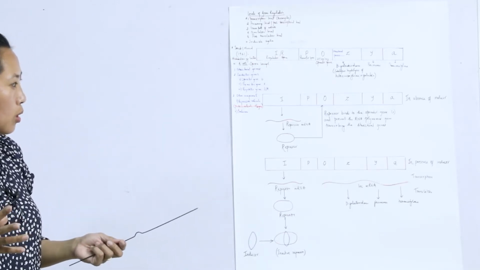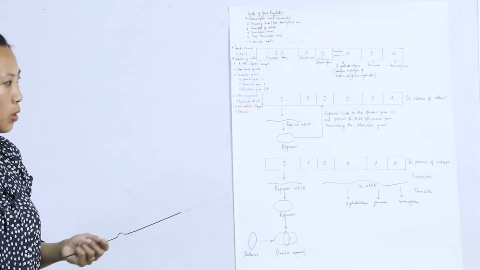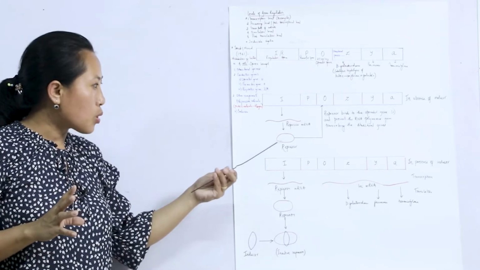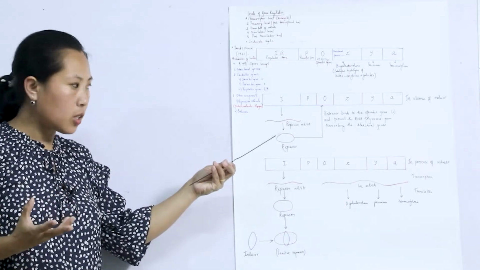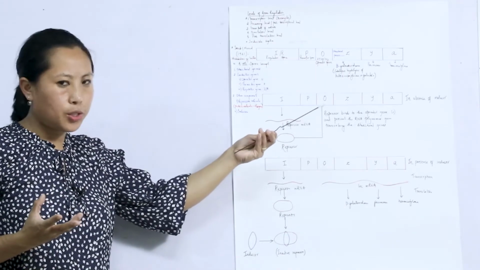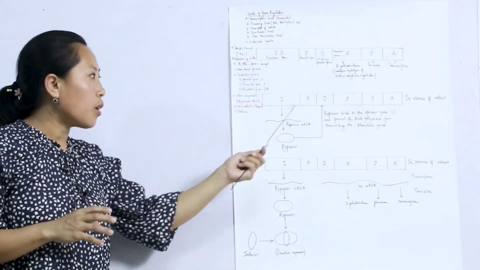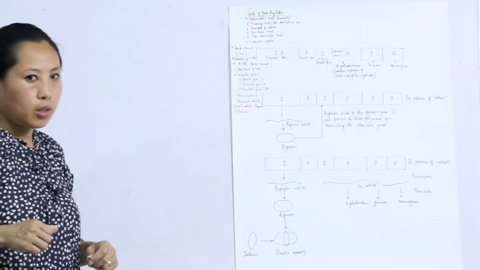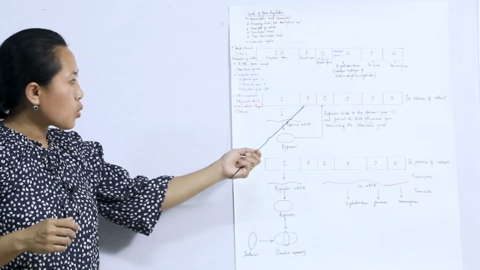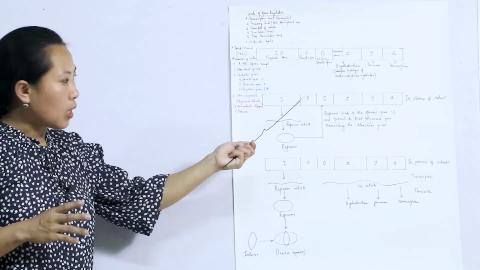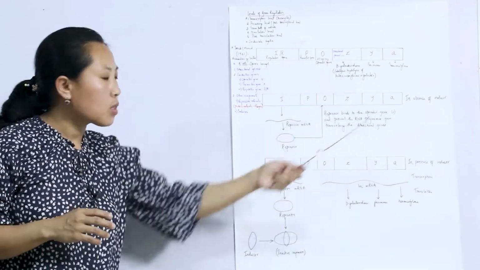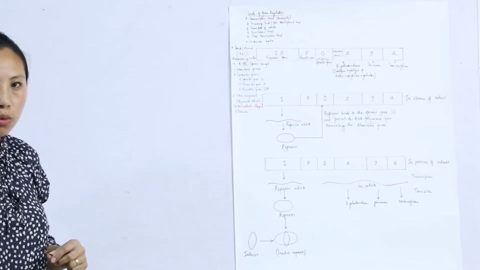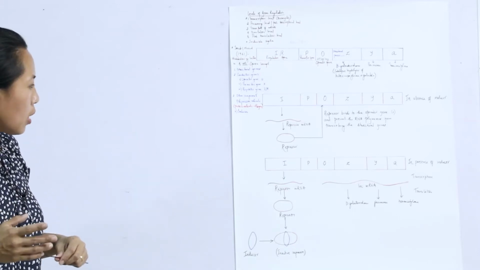In the absence of inducer, when lactose is absent in the medium, inducer in this case being lactose, the repressor binds to the operator gene. RNA polymerase, which starts its voyage from the promoter region, cannot cross over to transcribe the structural genes, and hence there is no synthesis of the proteins or the enzymes.